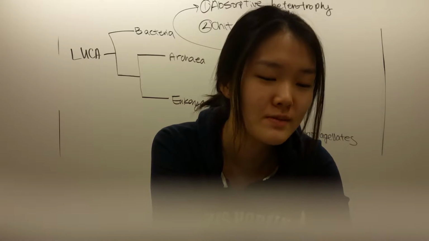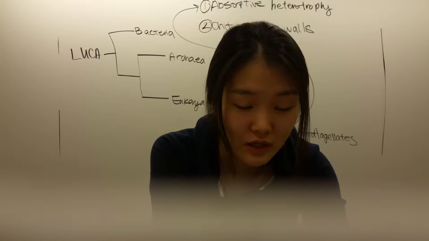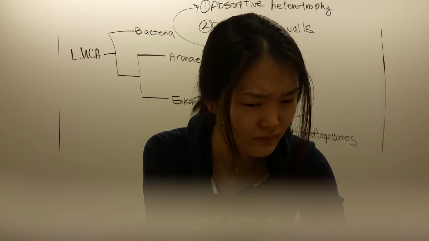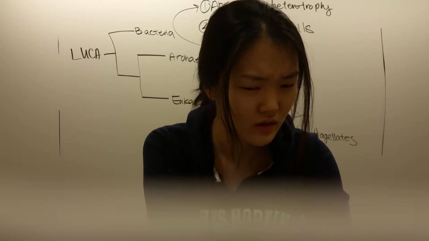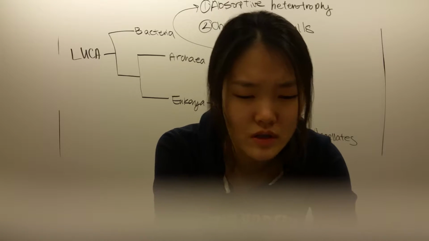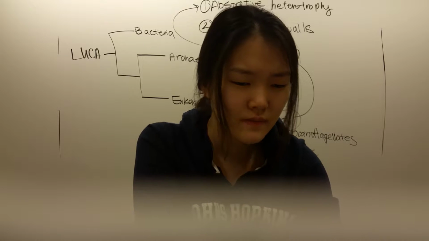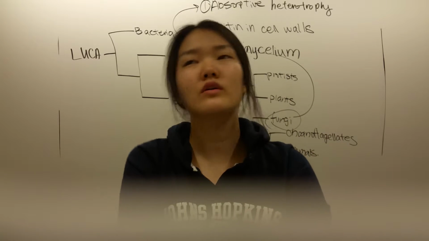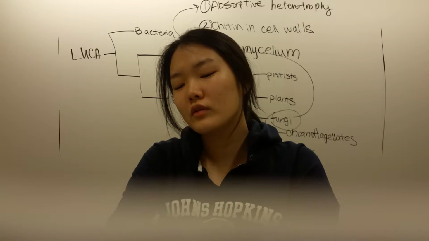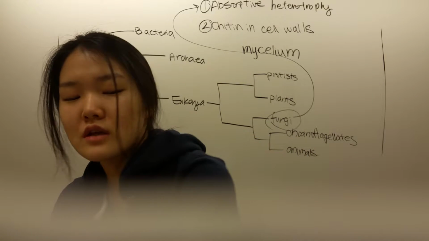So some fungi species have both unicellular and multicellular life stages. Okay, yeast are a unicellular eukaryotic model organism of choice for many scientists. Some fungal species have both uni and multicellular life stages.